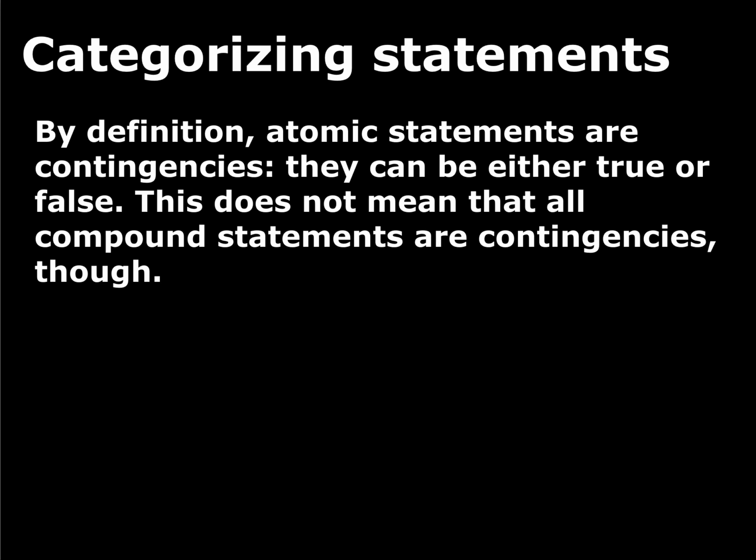Now, by definition, in this class and in basic logic in general, atomic statements are contingencies because they can be either true or false. But this doesn't mean that all compound statements are contingencies. Compound statements in general, some of them are contingencies, but some of them are contradictions and some of them are tautologies.